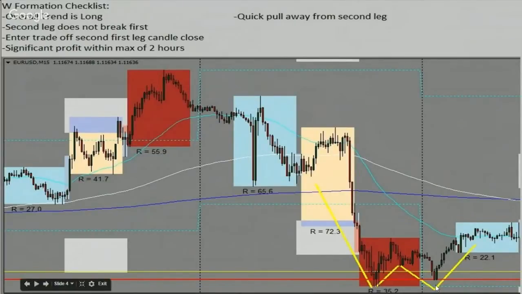They come back down and retest the first leg of the W. When moves like this are made and the price comes back down to retest and doesn't break it, W formation, you take the trade off the second candle.